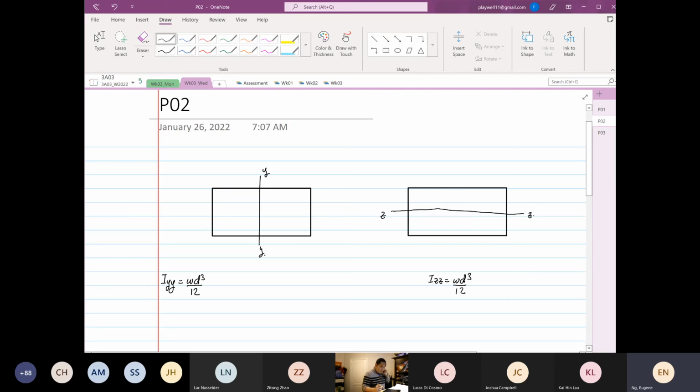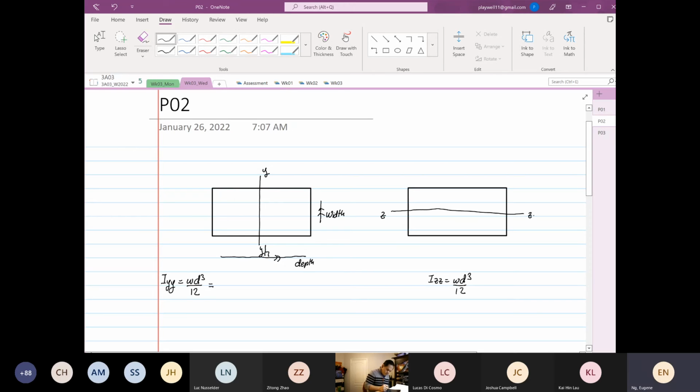Okay, like how I taught you guys, anything parallel to the axis of interest is your width, and anything perpendicular to the axis is your depth. So this is perpendicular to the Y axis, this is your depth.